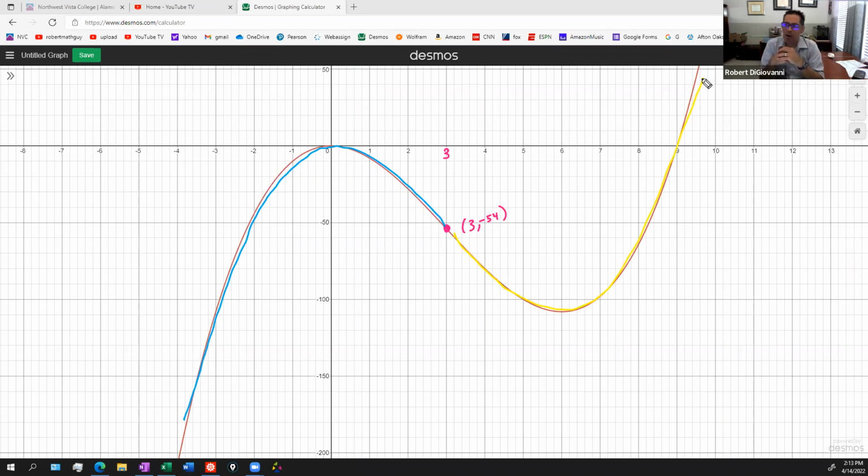The way I want you to think about this is before graphing calculators were readily available. There was a point where having a graphing calculator next to you was unheard of. There were calculators, but not graphing calculators.